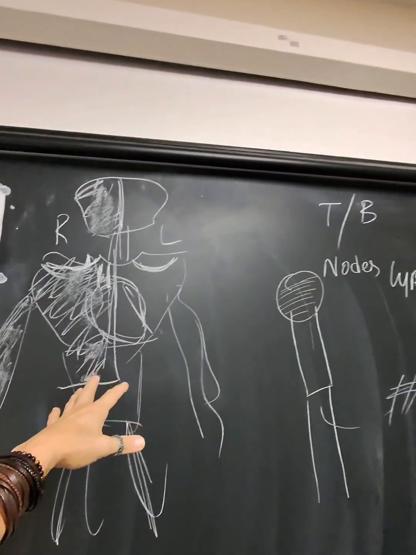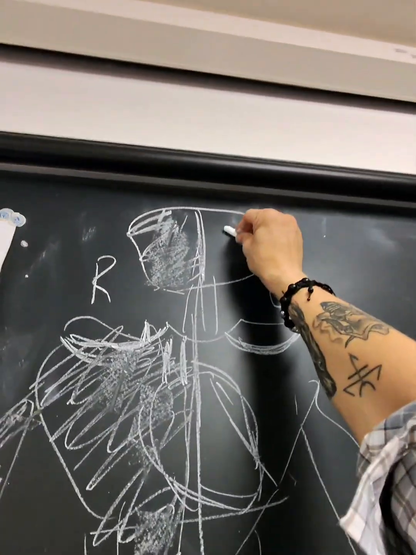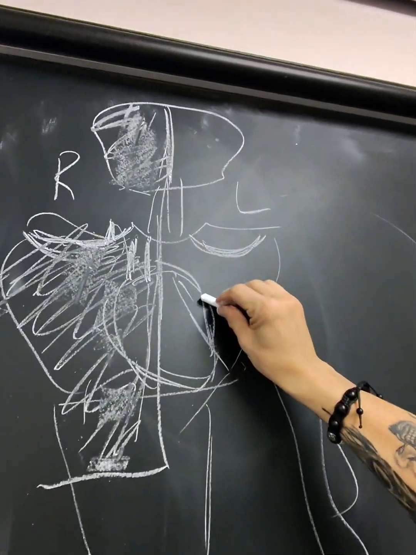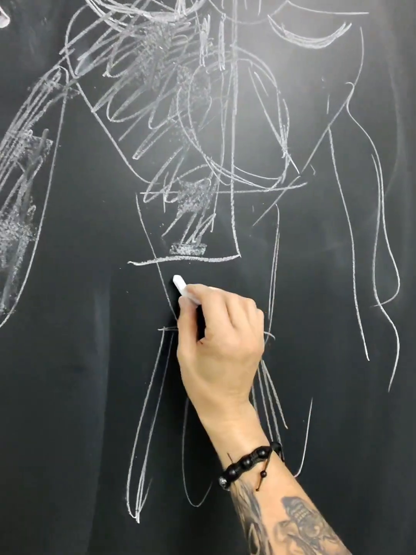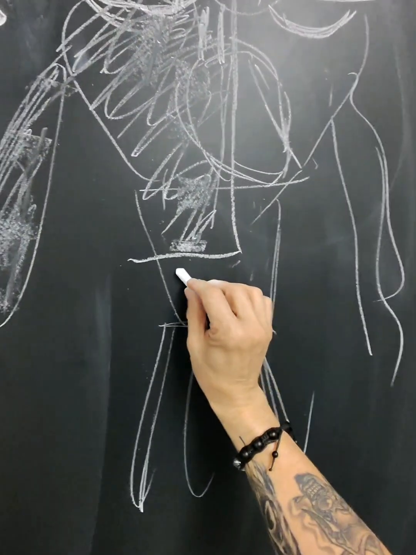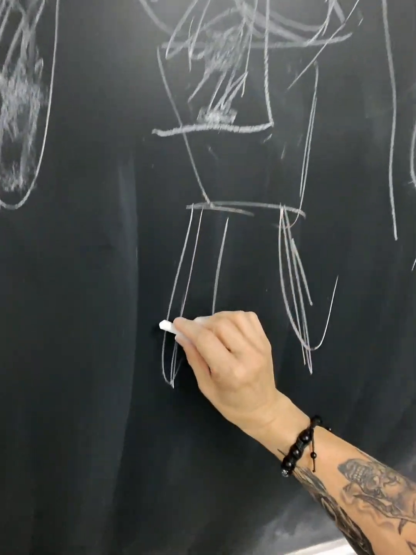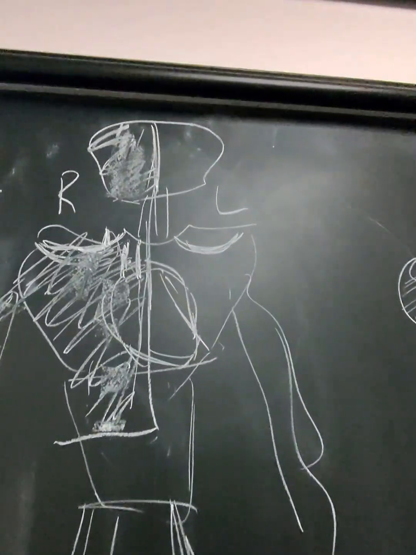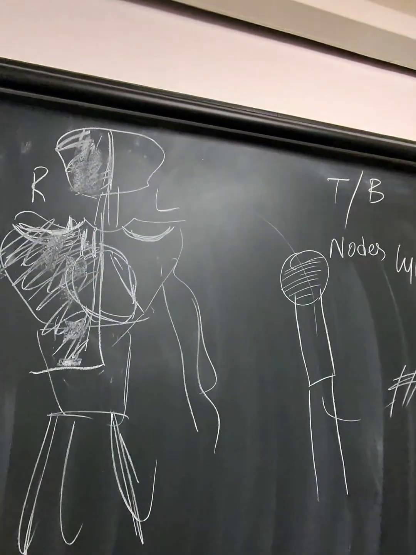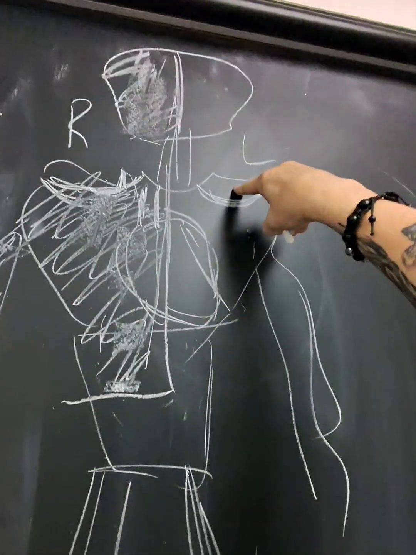The rest of the body, the left side of the abdomen, slightly to the right as well, the right limb and the left limb, everything would be returned through the thoracic duct into the left subclavian vein.